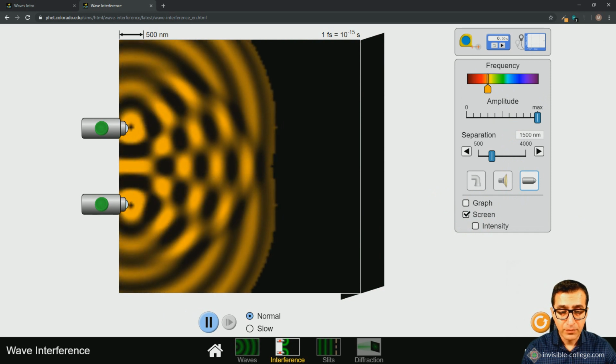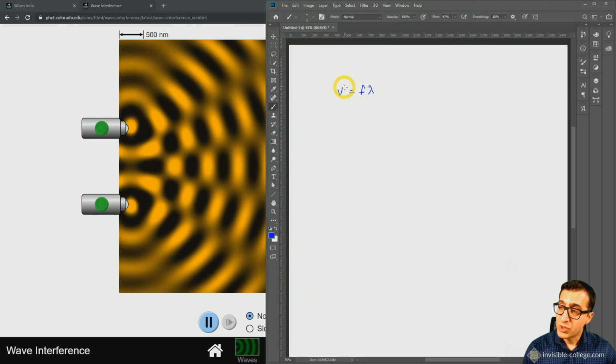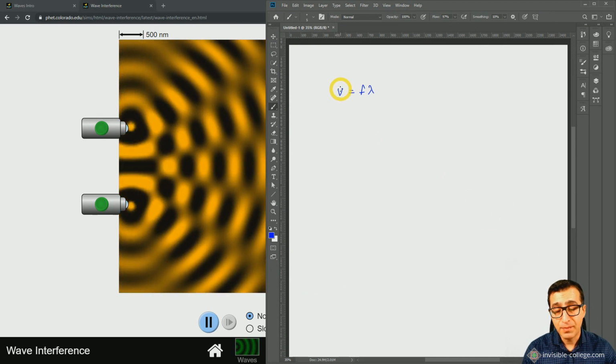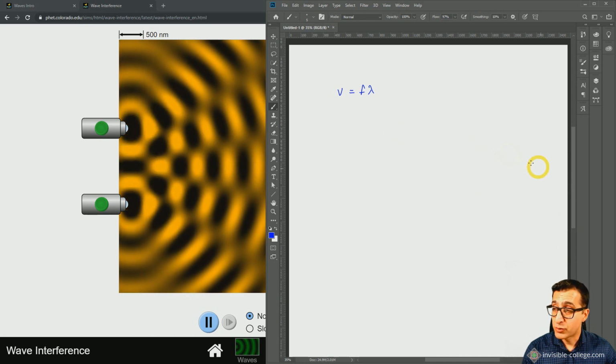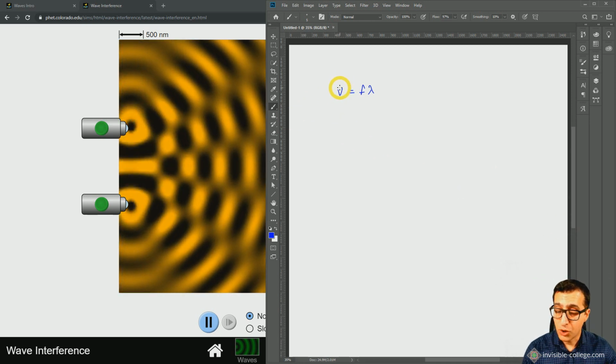Now again, if you have waves which are traveling at the same speed, think back to our electromagnetic spectrum. All of those electromagnetic waves travel at the same speed. So v is a constant.